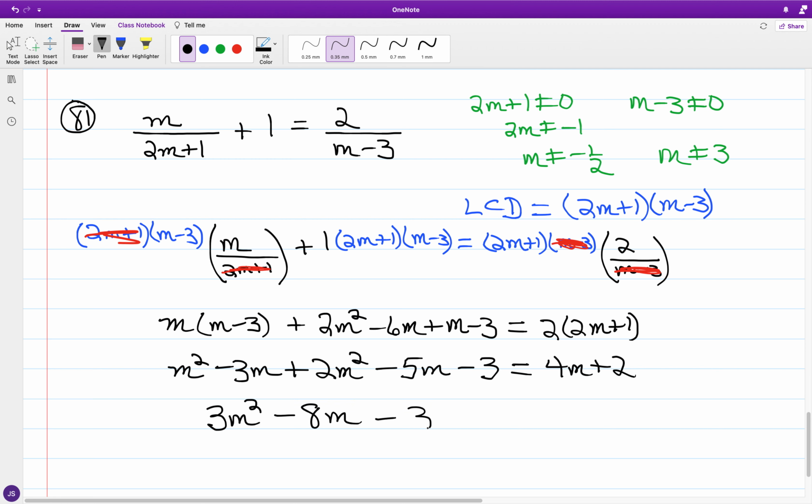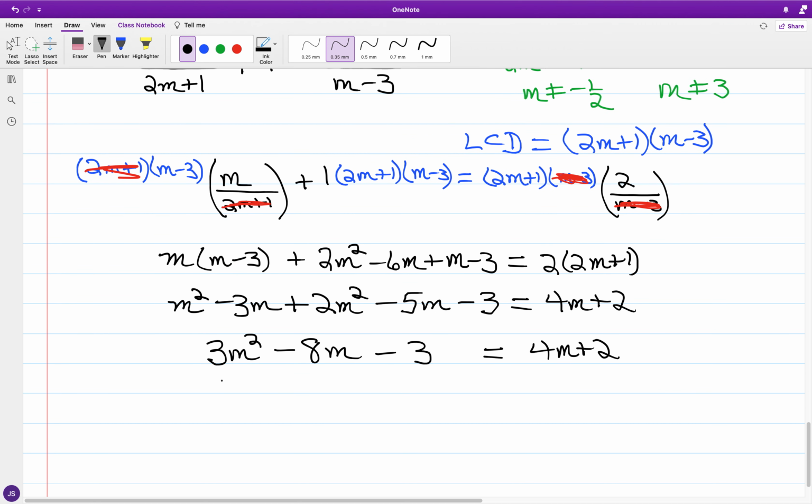We have minus 3, again equal to 4m plus 2. So we have a quadratic equation. And if I put this in standard form, again just setting equal to 0, I'm going to move the 4m and the 2 over by subtracting.